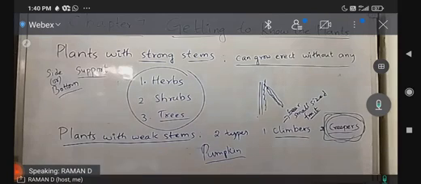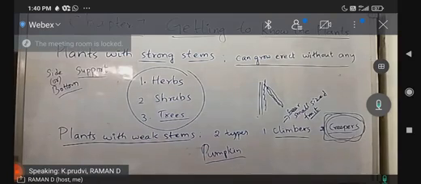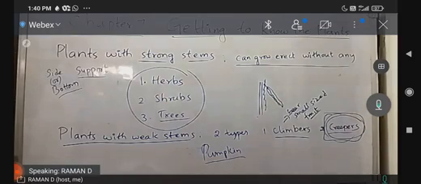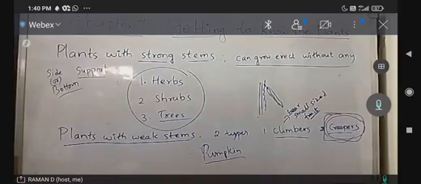As creepers bear large sized fruits, even if you provide support, they cannot grow erect like climbers. Instead, they simply spread on the ground. Is that clear to all of you? These points are not in your textbook or any material. You have to learn from the teacher only. The remaining things related to herbs, shrubs, trees, climbers and creepers, let us discuss tomorrow.